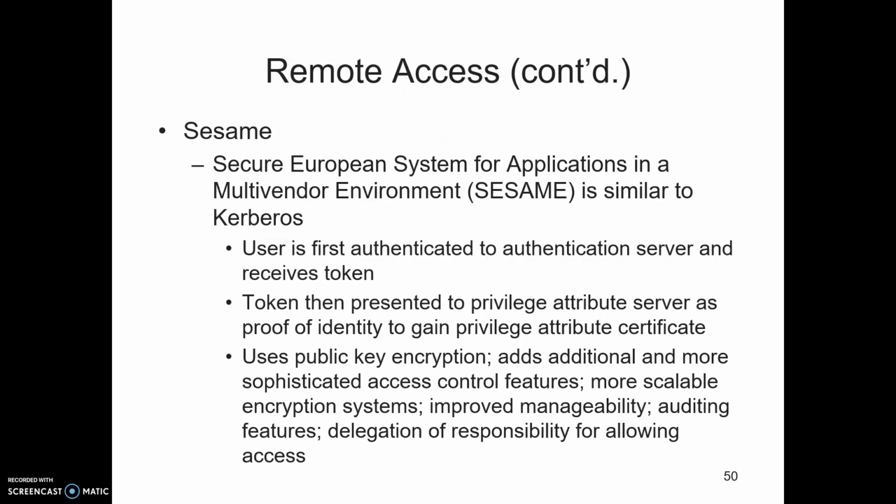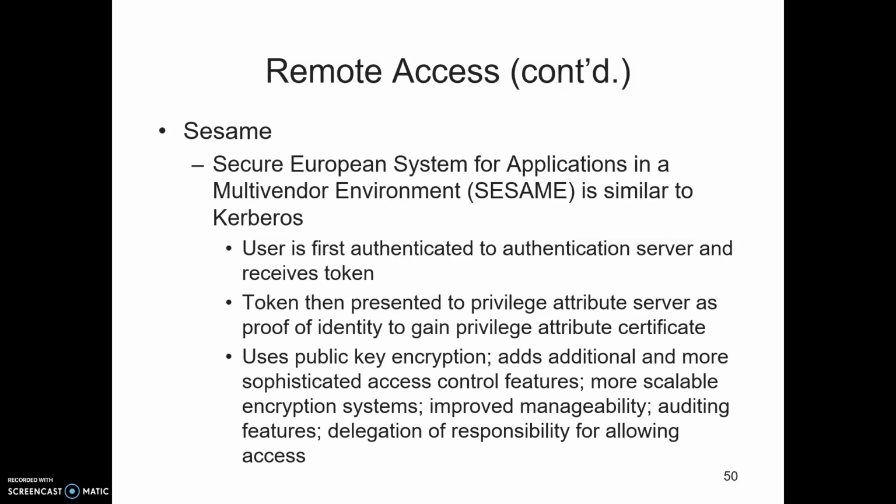The Secure European System for Applications in a Multi-Vendor Environment, or SESAME, is similar to Kerberos in that the user is first authenticated to an authentication server and receives a token.